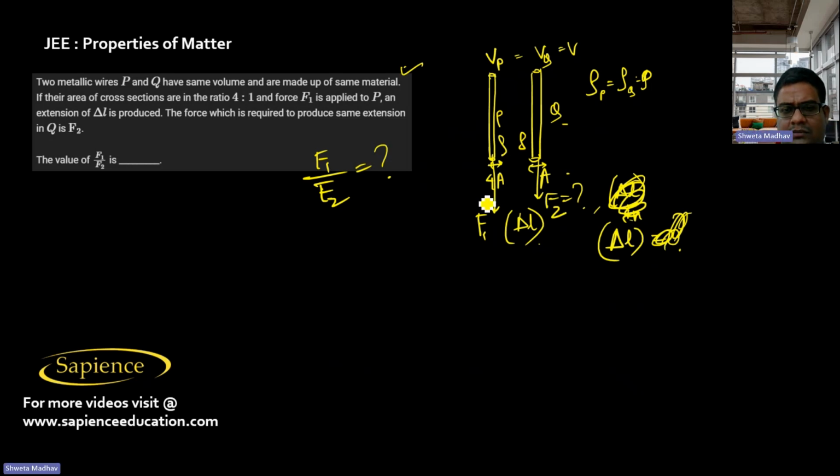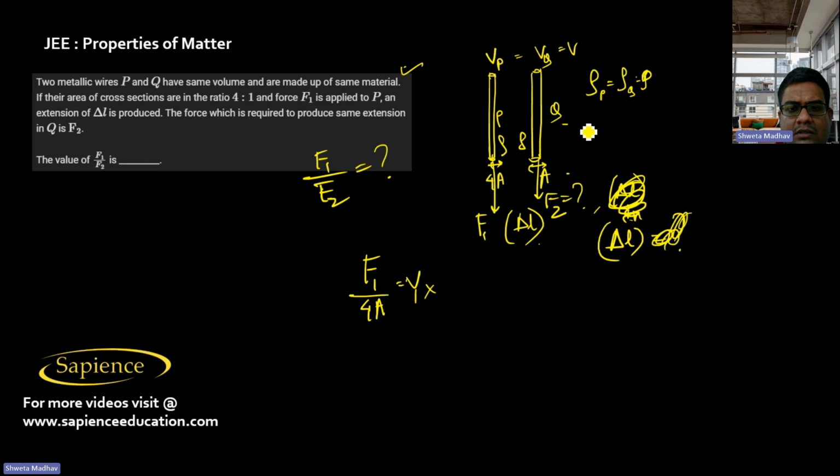Now, so here we can say F1 by 4A, that is equal to the stress, that is equal to Young's modulus into strain.